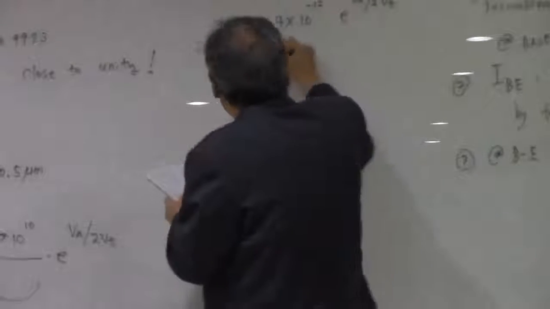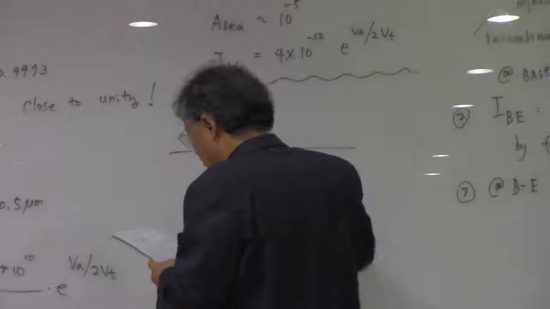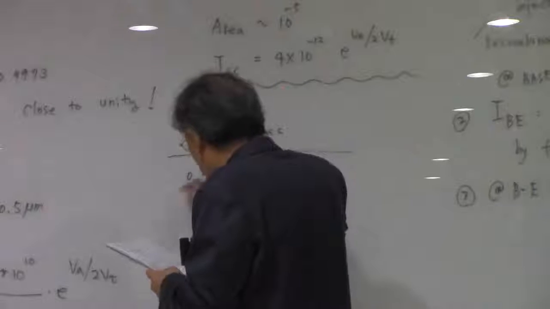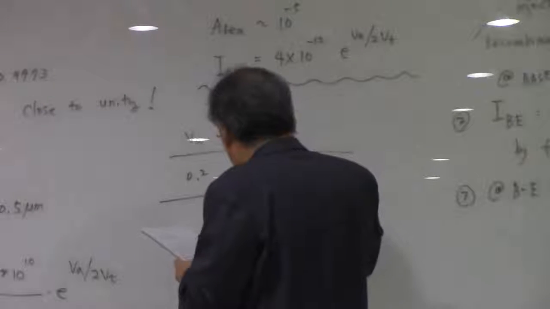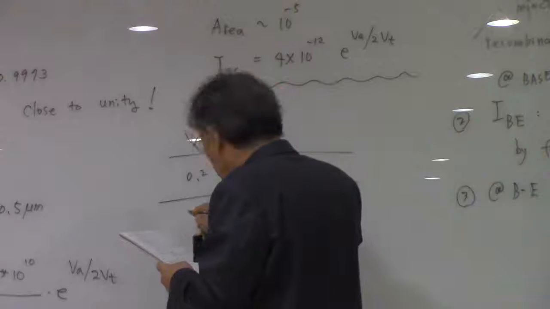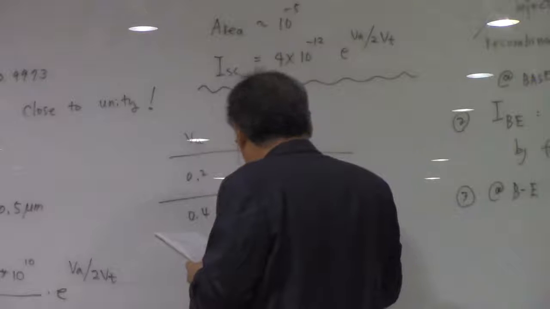That is going to be the current that you can get with this area. So if you set VA, ISC at 0.2 will give you 1.9 times 10 to the minus 10, and 0.4 is going to give you 10 to the minus 9.